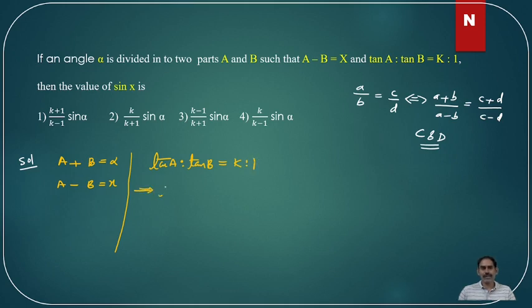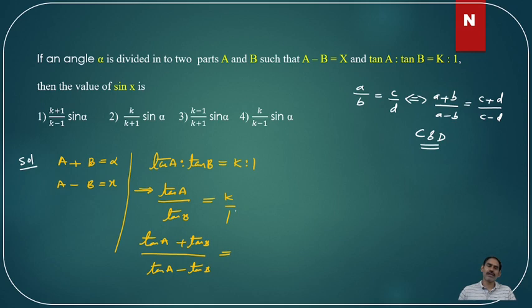This implies we can write tan A by tan B equals k by 1. Now apply the componendo dividendo formula. So tan A plus tan B, numerator plus denominator, by numerator minus denominator.